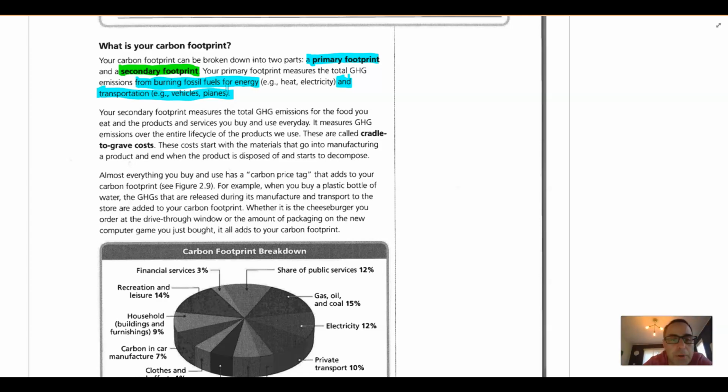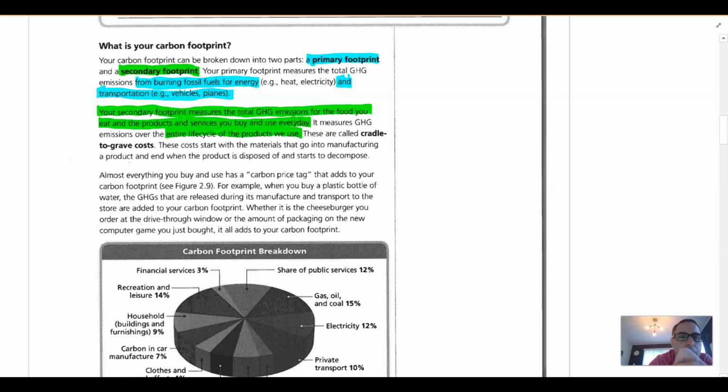Your secondary footprint measures the total greenhouse gas emissions for the food you eat and the products and services you buy and use every day. It measures greenhouse gas emissions over the entire life cycle of the products we use.